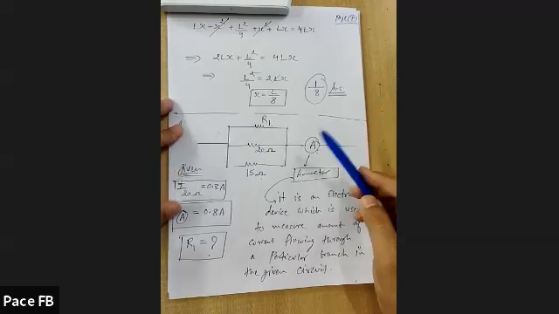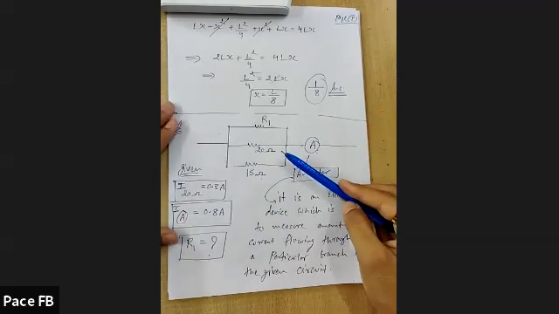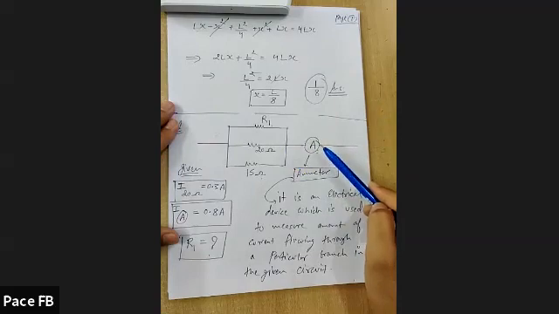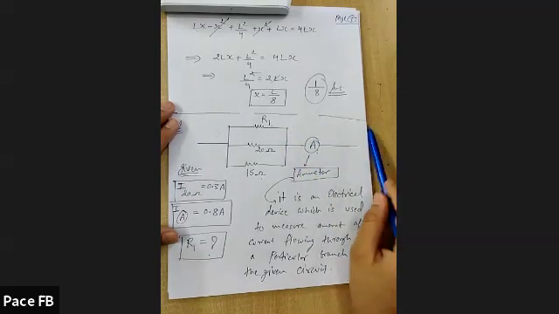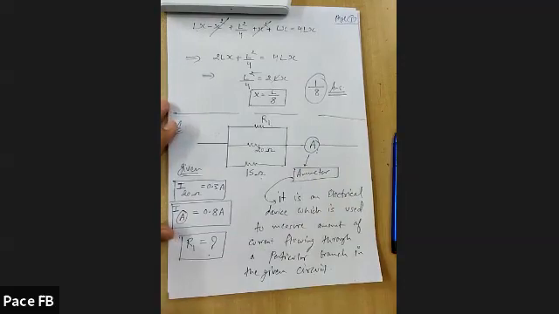The current passing through the 20 ohm resistor is given as 0.3 ampere, whereas the reading of the ammeter is given as 0.8 ampere. Then what would be the value of R1? Find out. Solve.